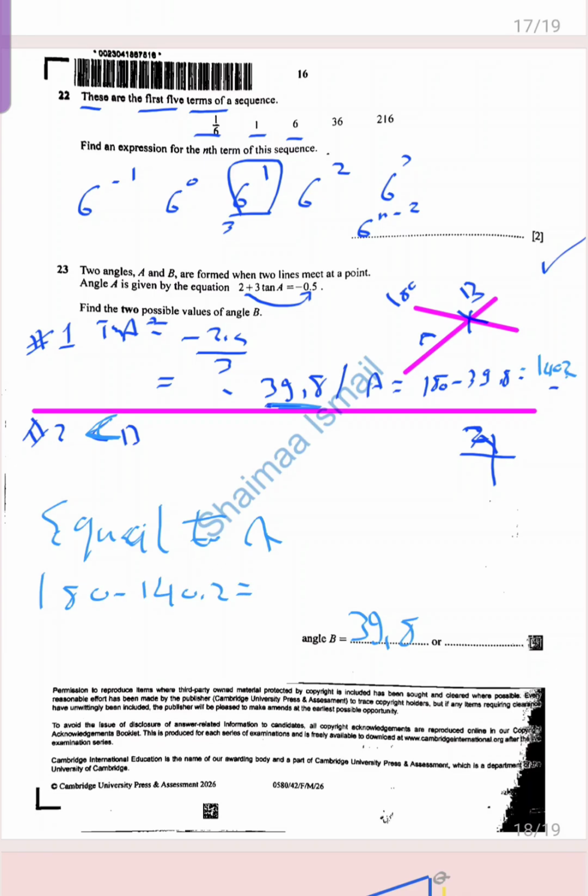This will be equal to 39.8. And the last step here, by the vertically opposite angle, it will be equal to 140.2, which they are equal to each other. By supplementary will be 39.8. I wish you get it.